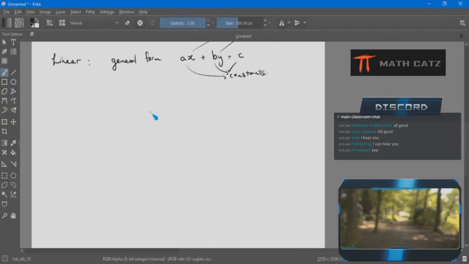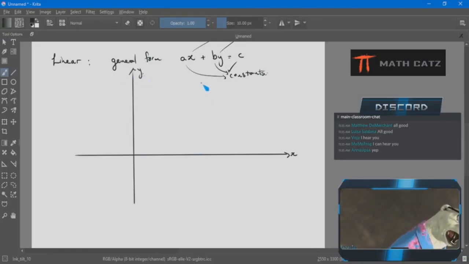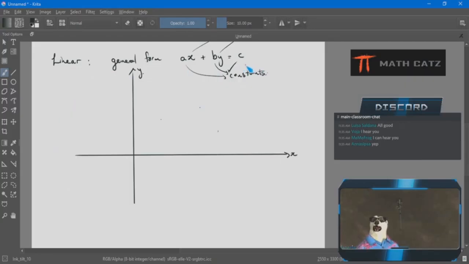When we try to visualize this by looking at two number lines, the number line for the x values, let's label it over here, called the x-axis, and the number line for the y values, which we'll do vertically, called the y-axis, we look at all the possible x, y pairs corresponding to points in this plane that satisfy an equation like this.